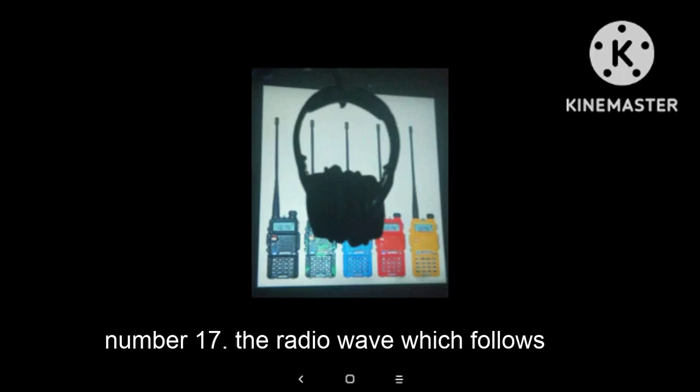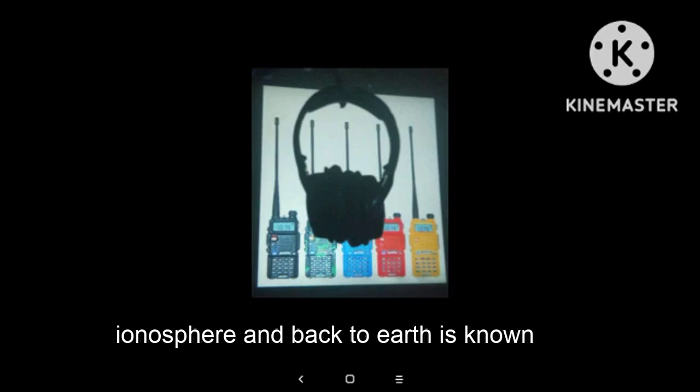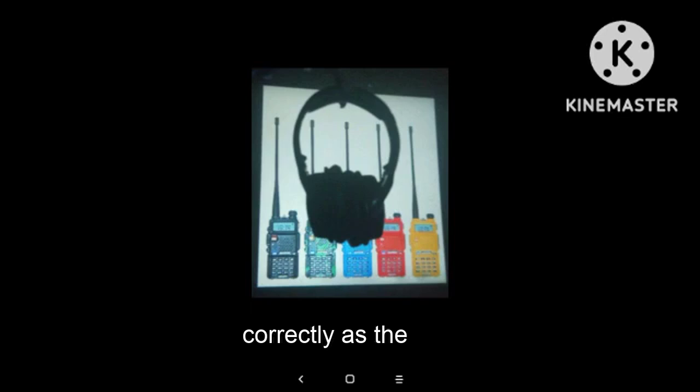Number 17. The radio wave which follows a path from the transmitter to the ionosphere and back to Earth is known correctly as the ionospheric wave. Number 18.